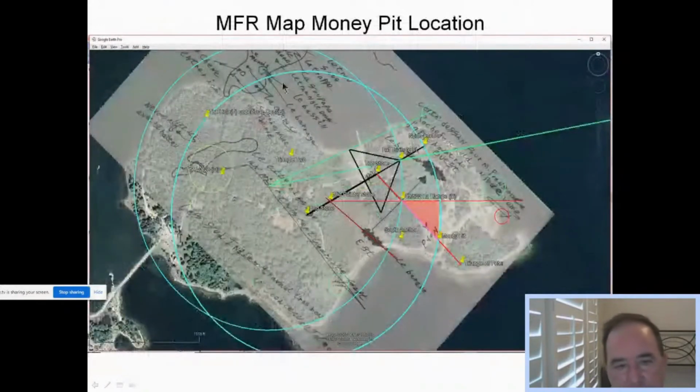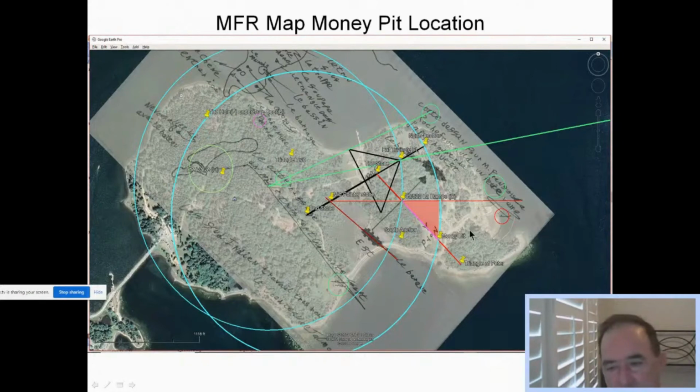And this is the 1445 scale, and it's showing that it's going through the money pit. And also, the circle here that comes off of the scale point goes through the 1445. And all this right here has to do with the triangle of Peter.